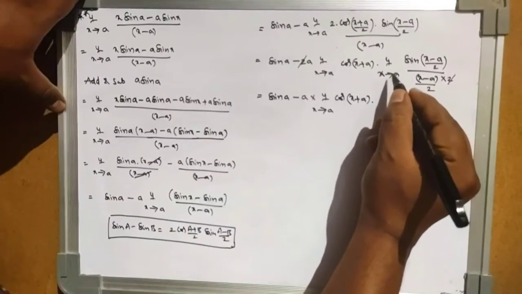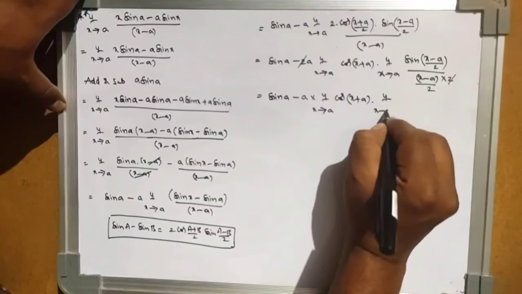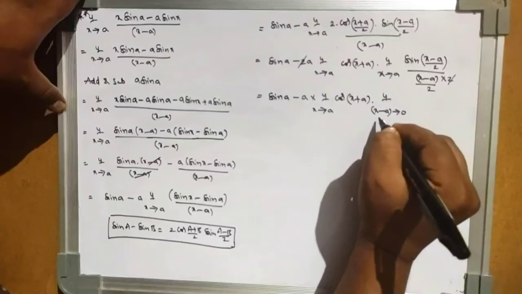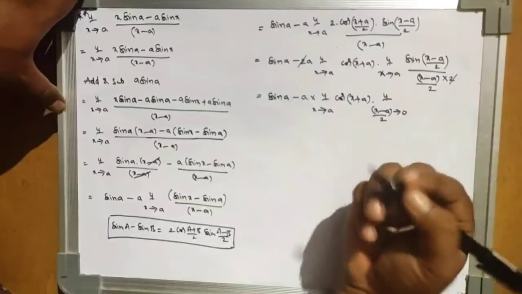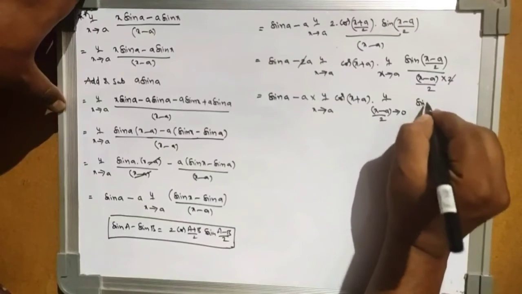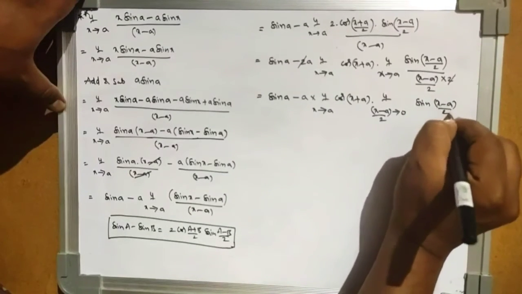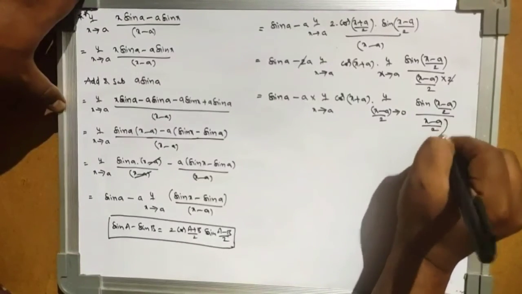Now, limit x minus a tends to 0, and if x minus a becomes 0, then (x minus a) by 2 also becomes 0. Then we have sin of (x minus a) by 2 by (x minus a) by 2.